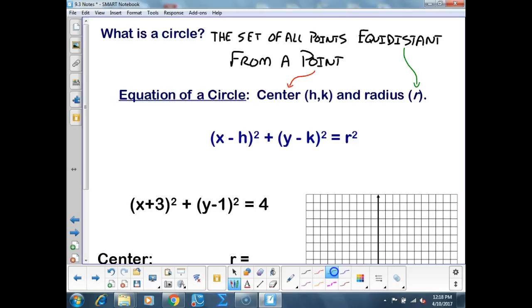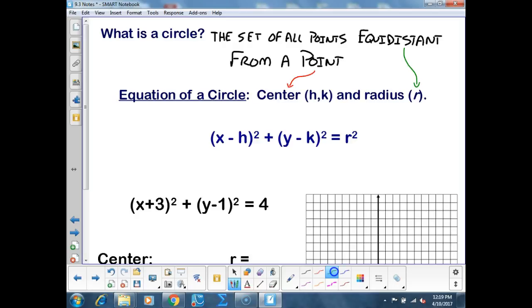So the equation of a circle is the quantity x minus h squared plus the quantity y minus k squared is equal to r squared. Again, remember, inside a parentheses, we think oppositely.